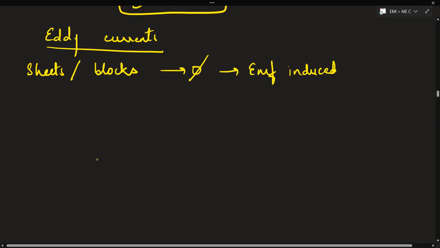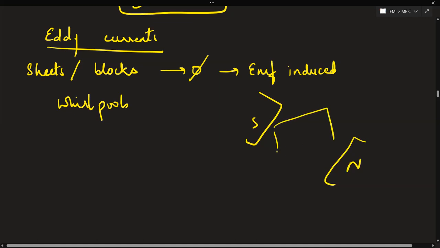So these currents look like whirlpools. If this was a south pole and this was the north pole of a bar magnet, and we keep a sheet within it, eddy currents flow like this. They are circular in the form of whirlpools. Whirlpools are also called eddies. So based on this, the name was given as eddy current.